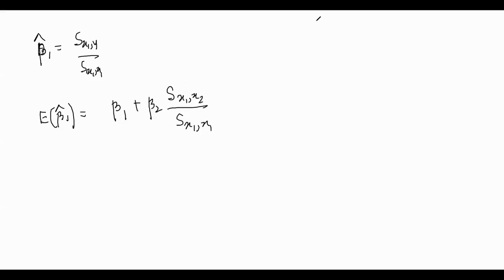So observe that if beta 2 is not equal to 0, then the expectation will not be beta 1. That's the actual simple linear regression. So this is the extra bias that is coming up over here. So it implies that the bias of beta 1 hat is equal to beta 2 S of x1 x2 by S of x1 x1.